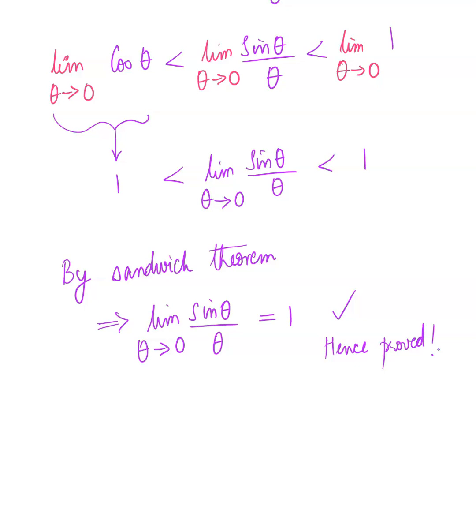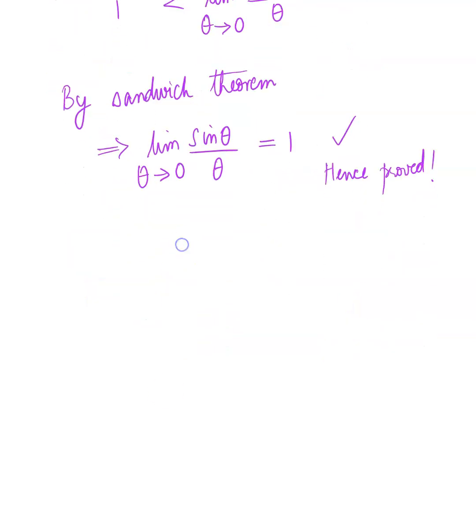and squeeze theorem. So there is another theorem that we also use, a commonly used one, that I'd like to just present to you here. So that will be limit cosine theta minus 1 all over theta as theta approaches 0 equals 0.